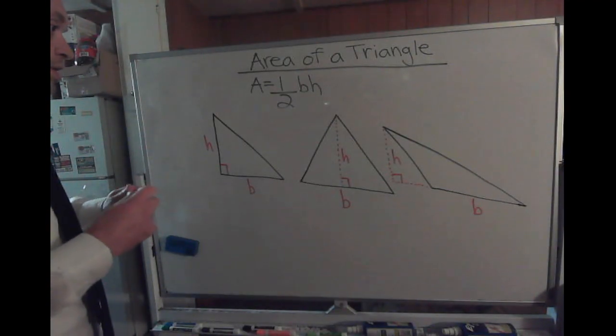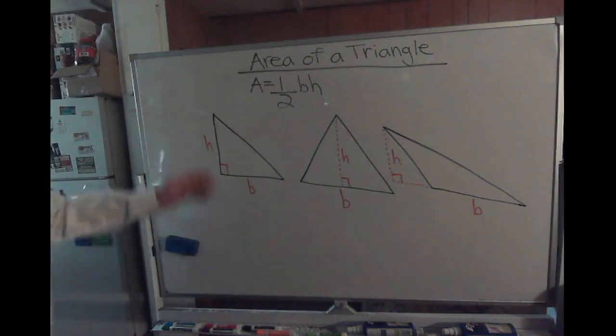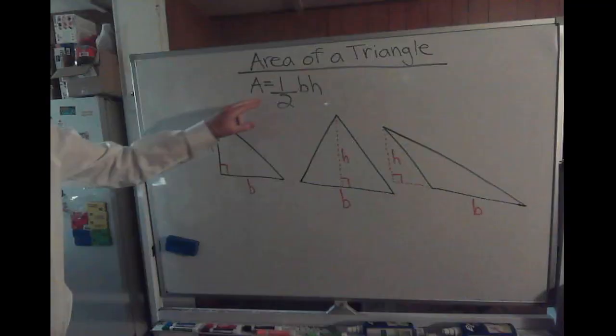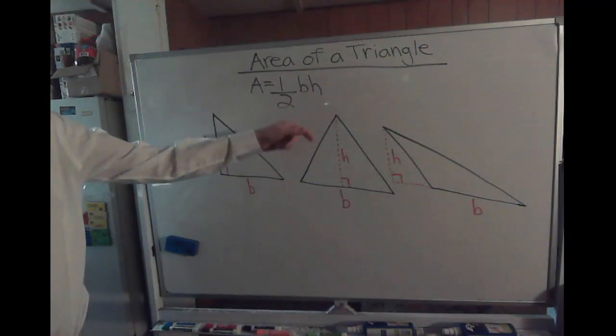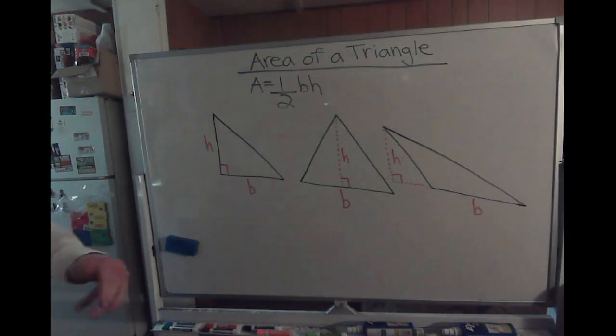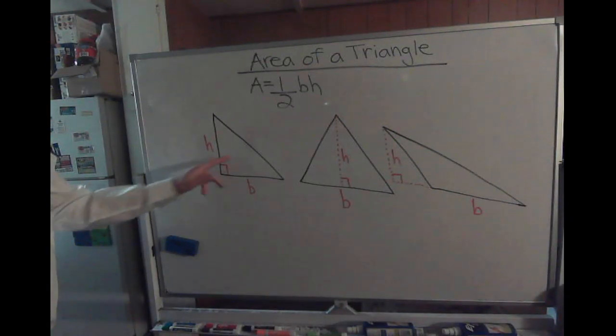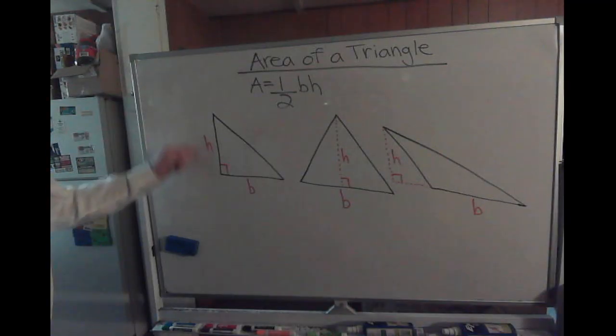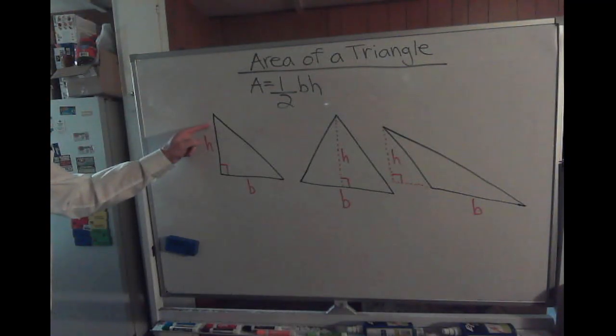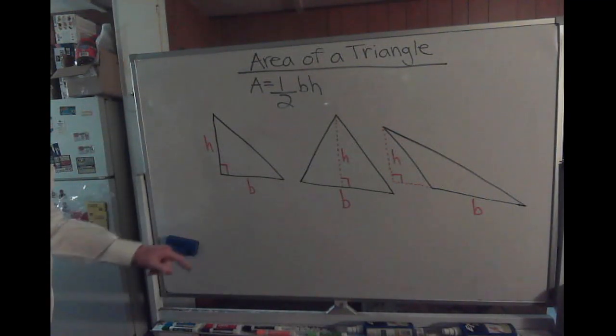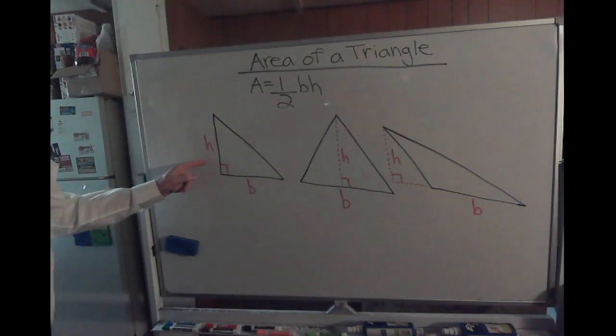Alright, so the area of a triangle is equal to half the length of the base times the height. Now, of course, we have a right triangle here first. In a right triangle, it's real easy because your height is just the length of the leg that stands straight up. That's perpendicular to the base, so that makes that real easy.